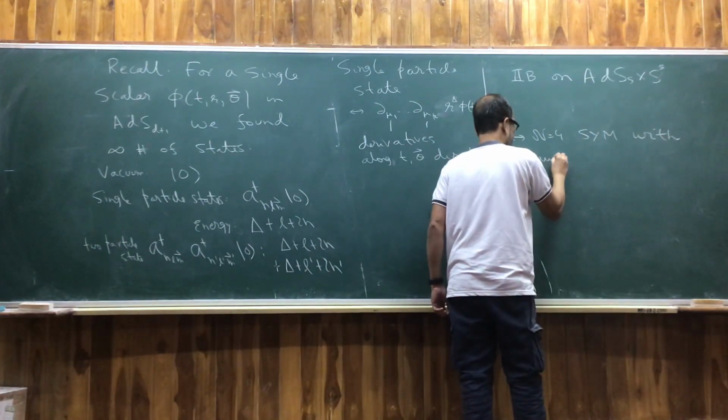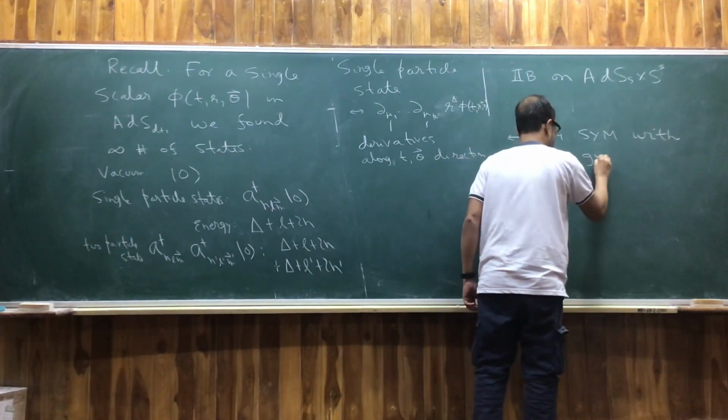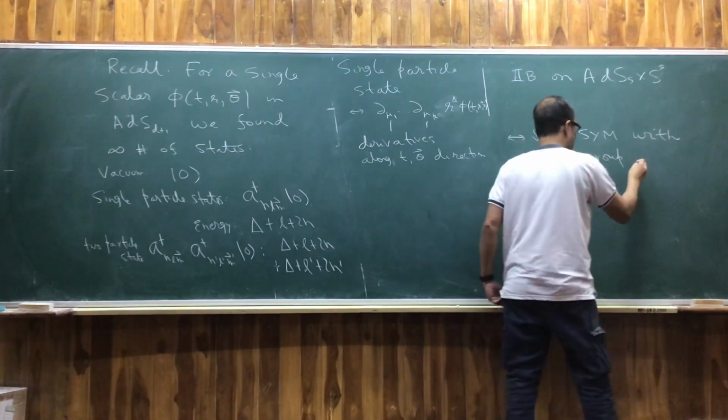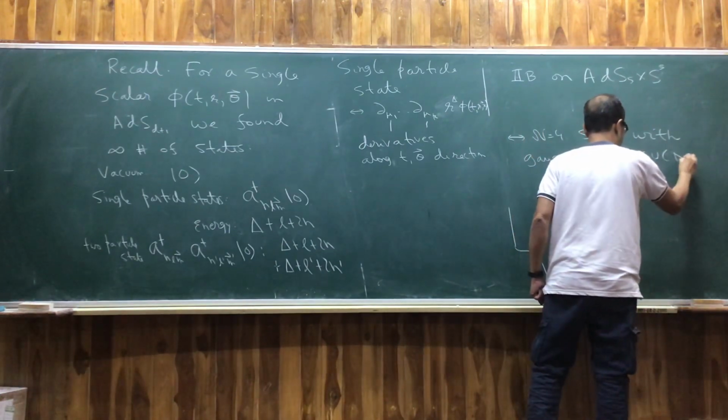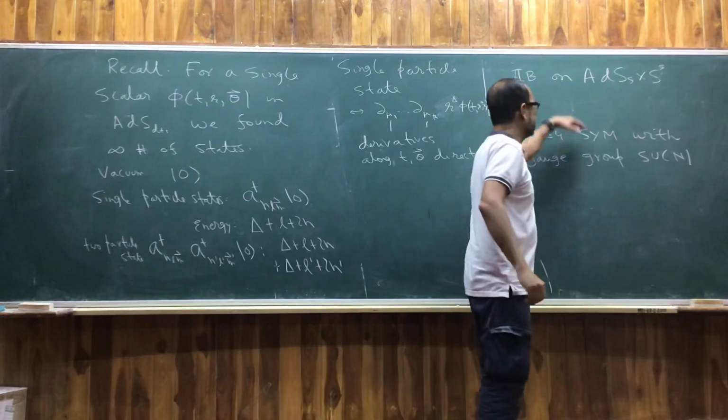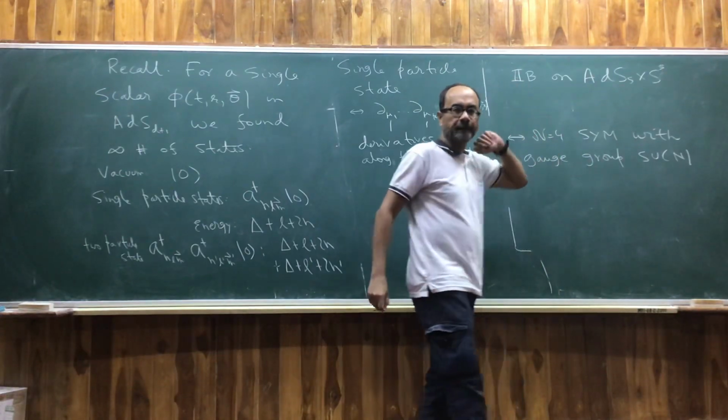We don't need to know details of what it is. It's some theory of Yang-Mills group SU(N) and some matter content. So this is a CFT, this is a quantum gravity theory.